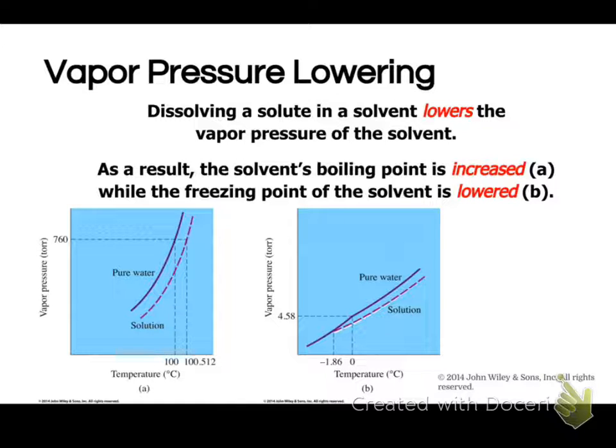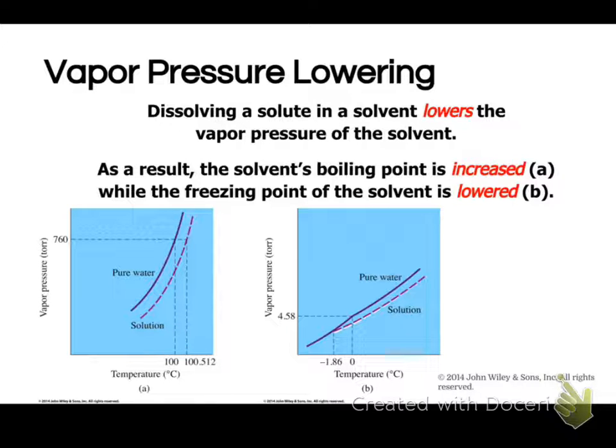All right, and so vapor pressure lowering happens because when you make a solution, the intermolecular forces of the solution are stronger than the intermolecular forces of the solvent. So that means that the solution wants to stay in the liquid phase and not become a gas, which would mean the vapor pressure is lower. Vapor pressure, again, is the amount of pressure exerted by the gas particles over a liquid.